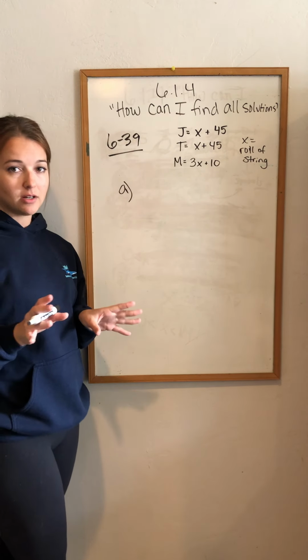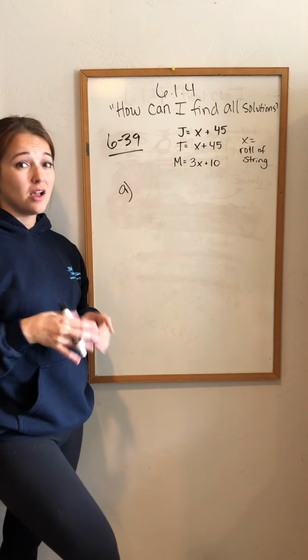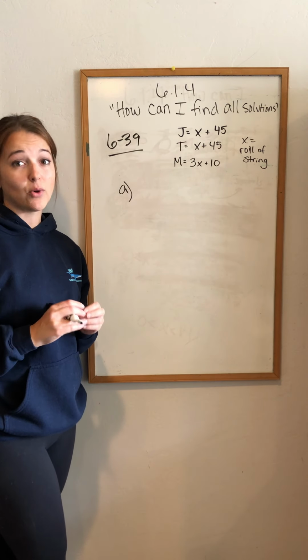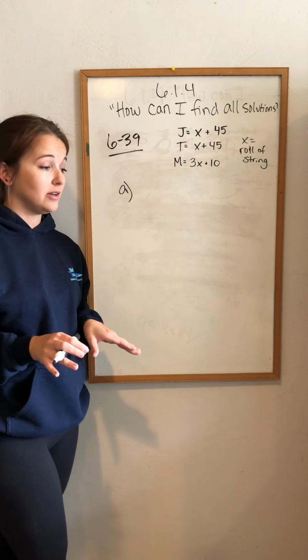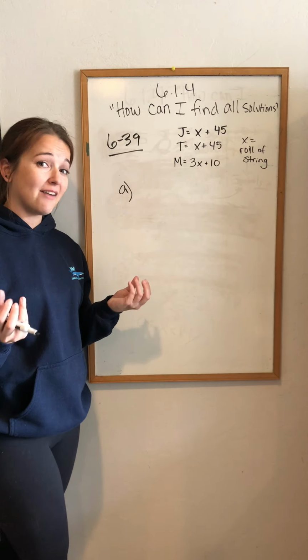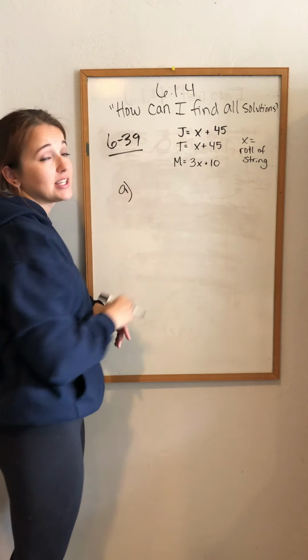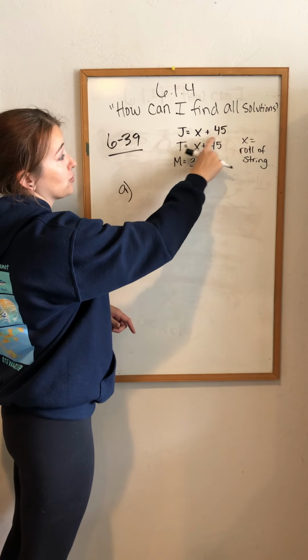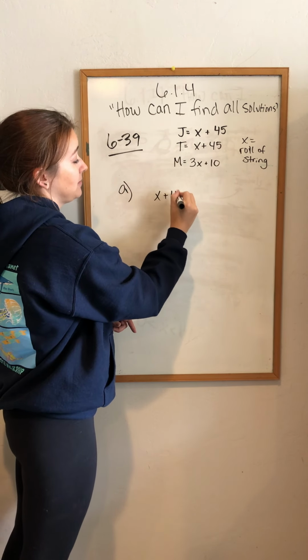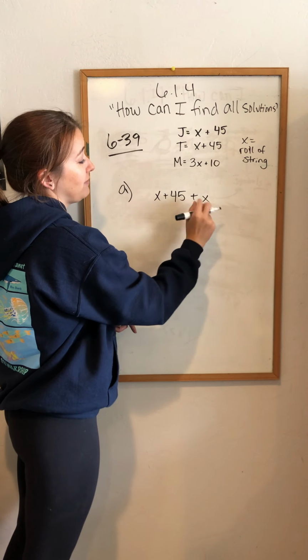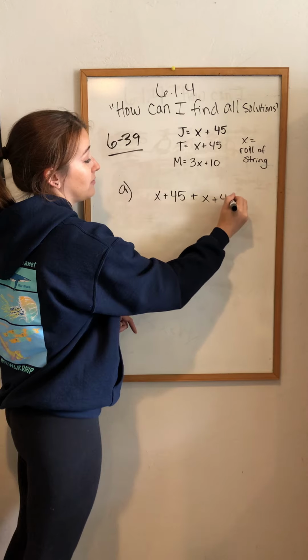So all we're doing here, it's a lot of information again, it's just asking you to write 2 different expressions, so an equation but without an equal sign, to show how much kite string they have if they put it together. So if I want to put their string together, I'm just going to write both of their expressions and combine them. So I'm combining x plus 45 plus x plus 45.